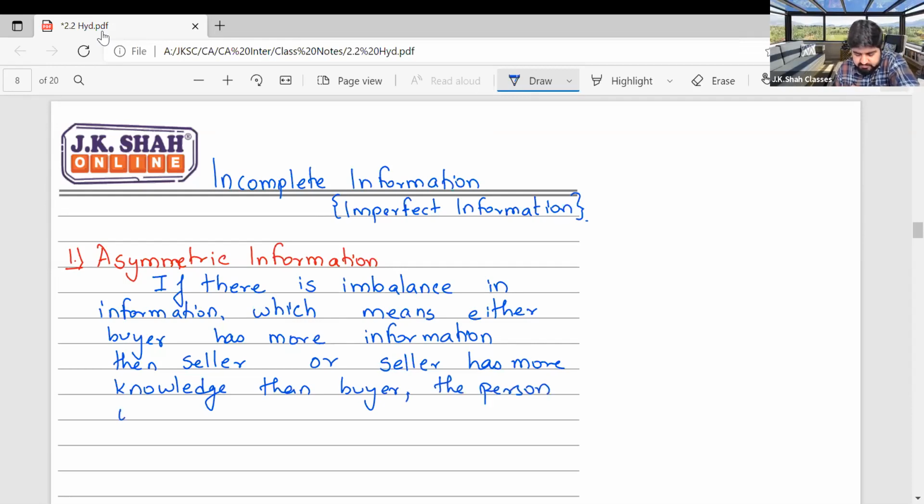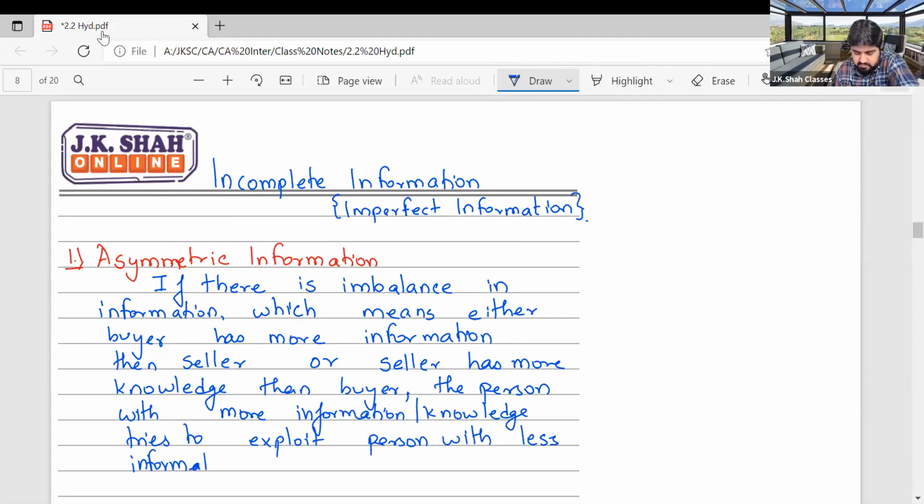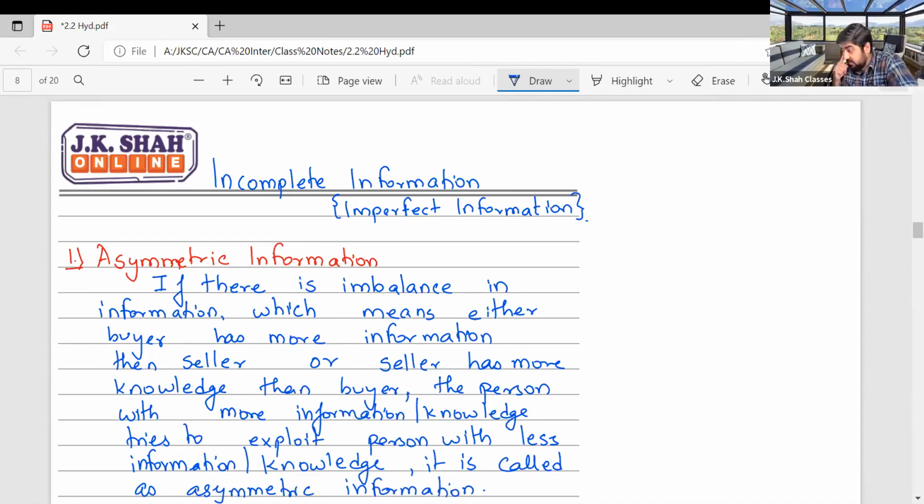The person with more information or knowledge tries to exploit the person with less information or knowledge. It is called as asymmetric information.